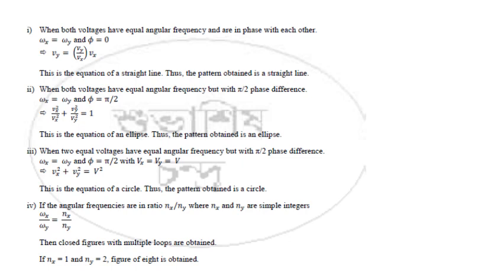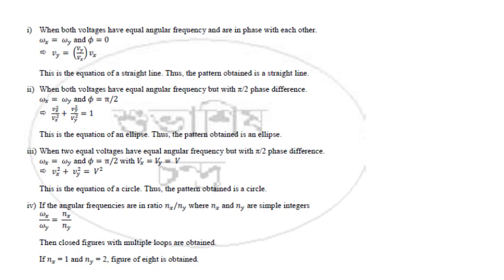Now, when both voltages have equal frequency but with pi by 2 phase difference, then you will get Vx square upon capital Vx square plus Vy square upon capital Vy square is equal to 1.